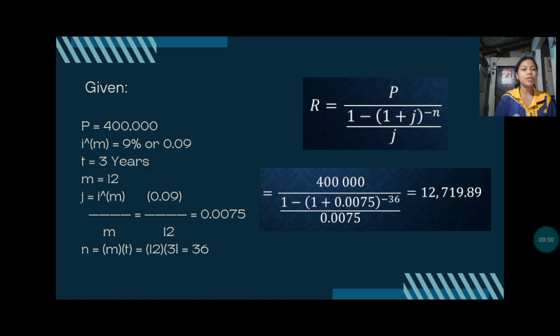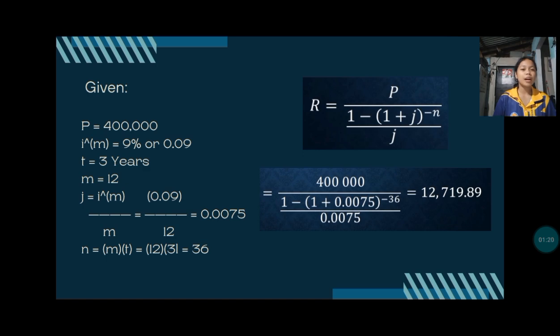So we have here the formula for the j that we have to find. We have to divide the interest rate, which is 0.09, by the conversion period, which is 12. So 0.09 divided by 12 is equal to 0.0075.